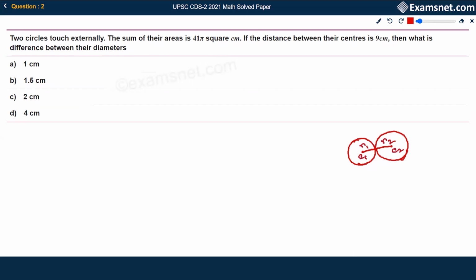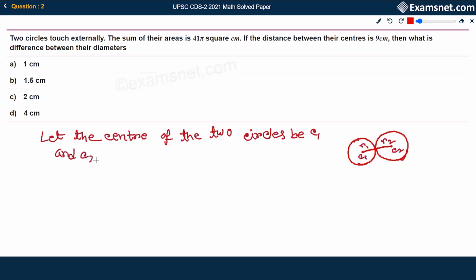So look here, first I can write, let the centers of the two circles be C1 and C2, okay?